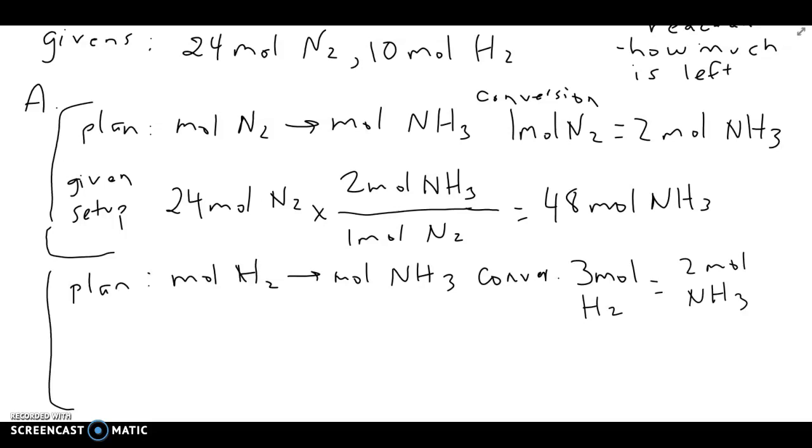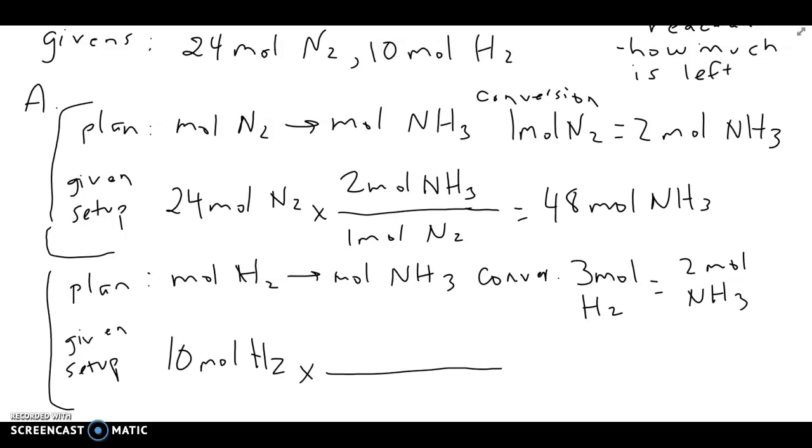Okay, so then we have our given and our setup. So we are given 10 moles of H2. We have one fraction because we have one arrow in our plan, one equal sign in our conversion. We have one conversion to work with.